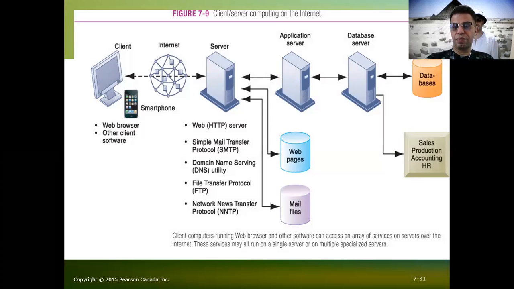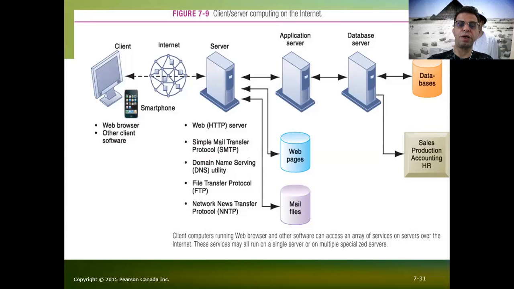Now, the client-server computing on the internet. Let's assume you have a web browser and other clients, or you are using a smartphone. And then you have what you call the internet.